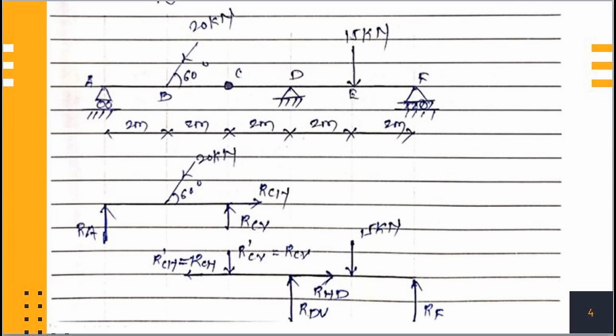Therefore, at point D there is a reaction RD. Due to the inclined load RC dash, RD should also be inclined. Now we have to resolve this inclined RD into two mutually perpendicular components as RHD and RVD.